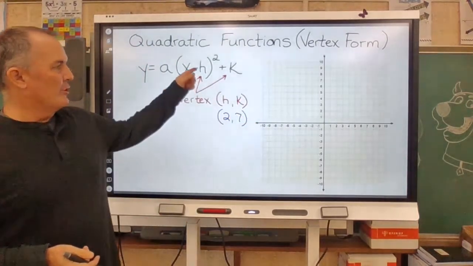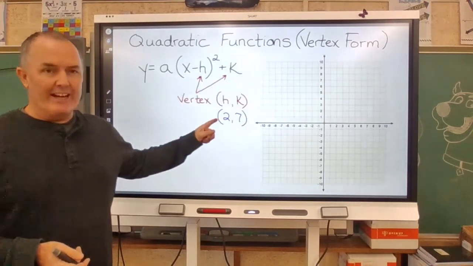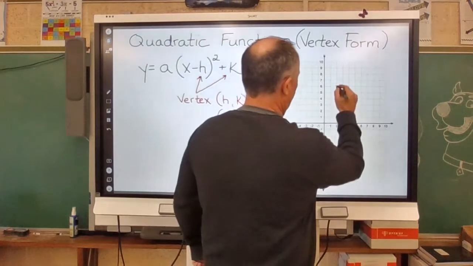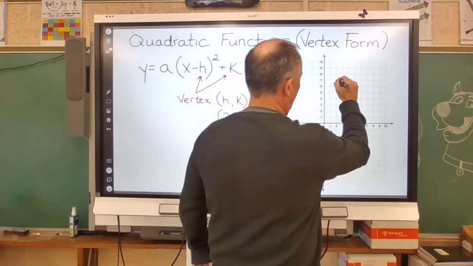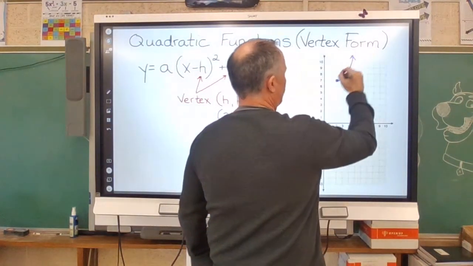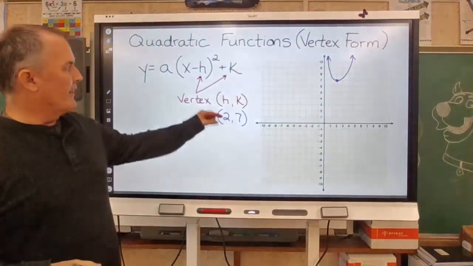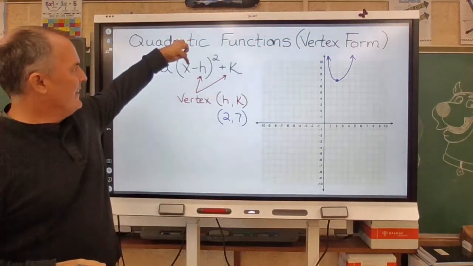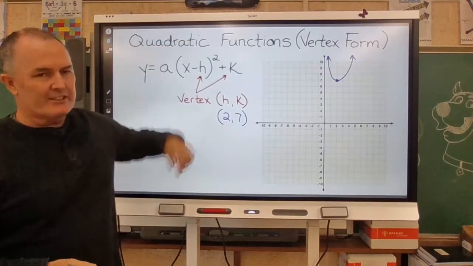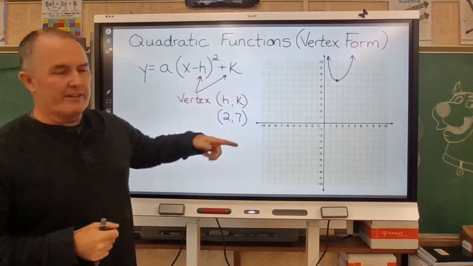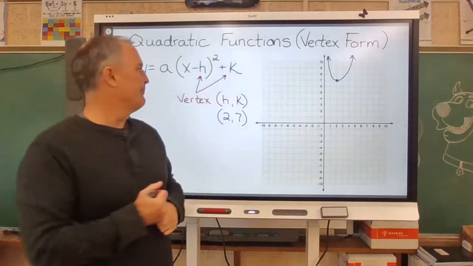And I want to plug the 2 into the equation. Notice right now it's a positive 2, because that vertex would actually be over 2, up 7, to be right here. And then I guess that would be my parabola. But notice if I plug 2 into that equation, it actually says x minus 2. So that's really why we go in the opposite direction. And then the 7 here for the k would be true to form.